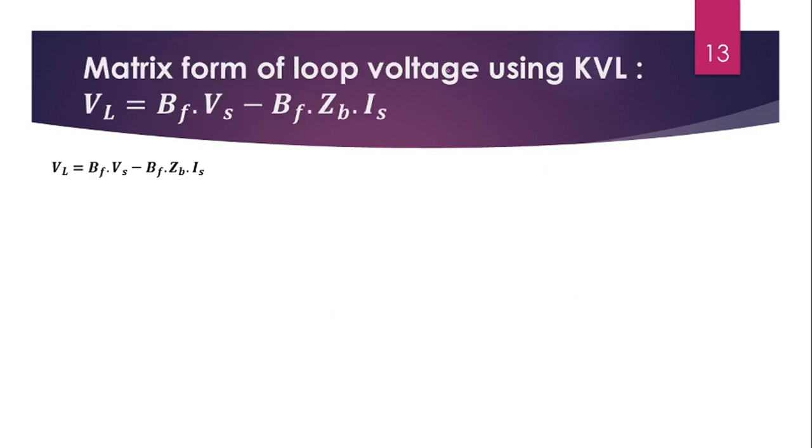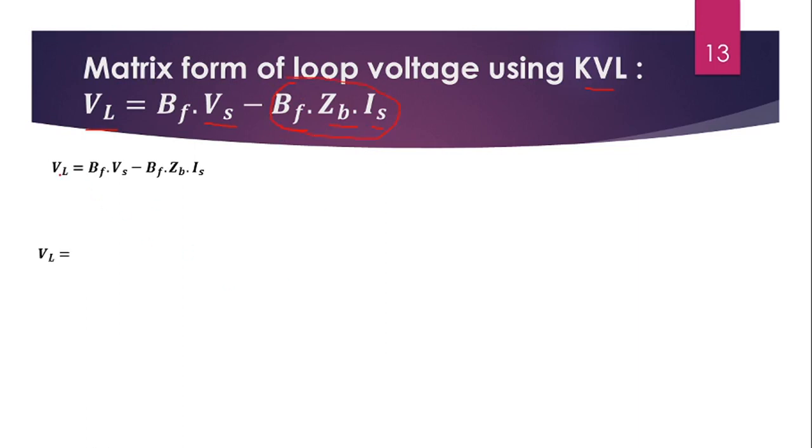The matrix form of loop voltage using KVL is VL equals B-set transpose matrix into VS, minus B-set matrix into ZB into IS. As we found IS is 0, this term becomes 0.